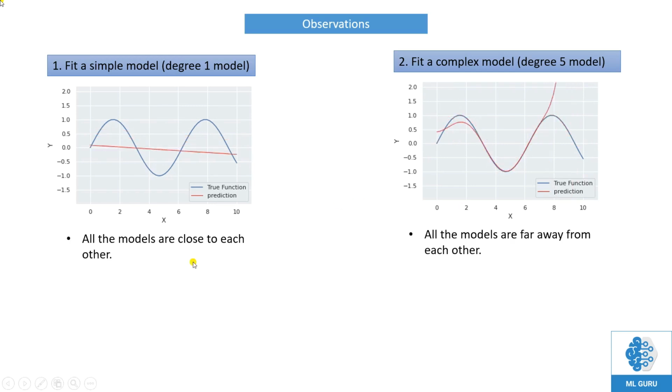The first observation which we see is, in this simple model case, all these predictions or all these models are close to each other. On the other hand, in the complex case, all these different predictions are far away from each other, or in other words, different from each other.